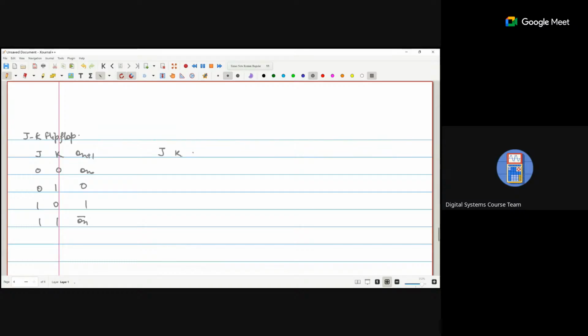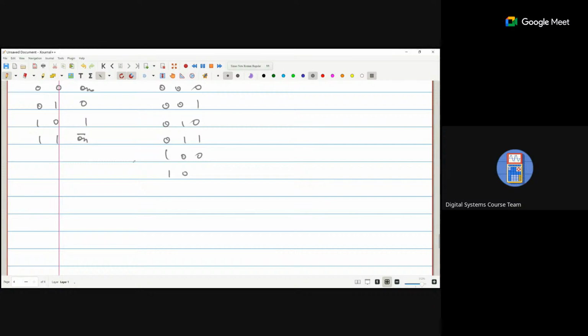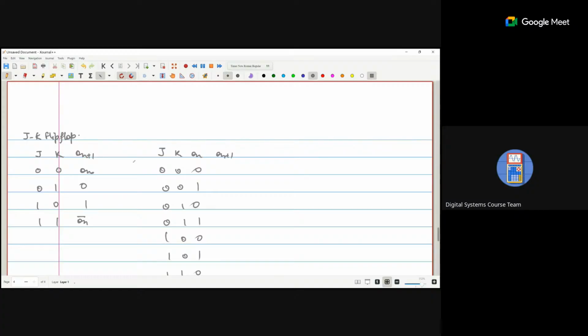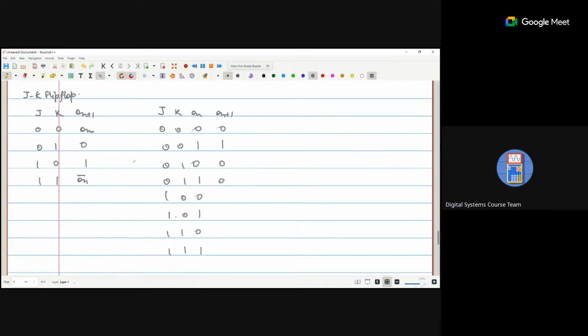Okay, so when 0 0, Qn. If Qn is 0, Qn plus 1 is 1. If Qn is 1, Qn plus 1 is 0.